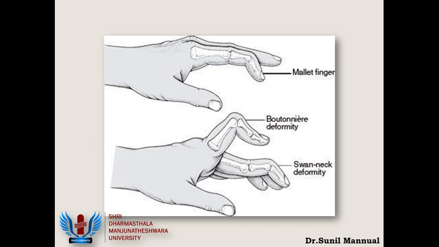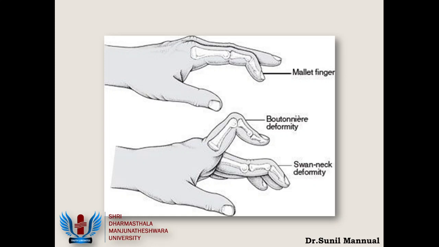Before we move on to the discussion on mallet finger, here is a picture with all the three classic deformities in the finger, and these are also, as you know, favorite questions for your theory exam. So mallet finger we have already discussed. It's a flexion of the distal interphalangeal joint. Now coming to boutonniere deformity or buttonhole deformity.